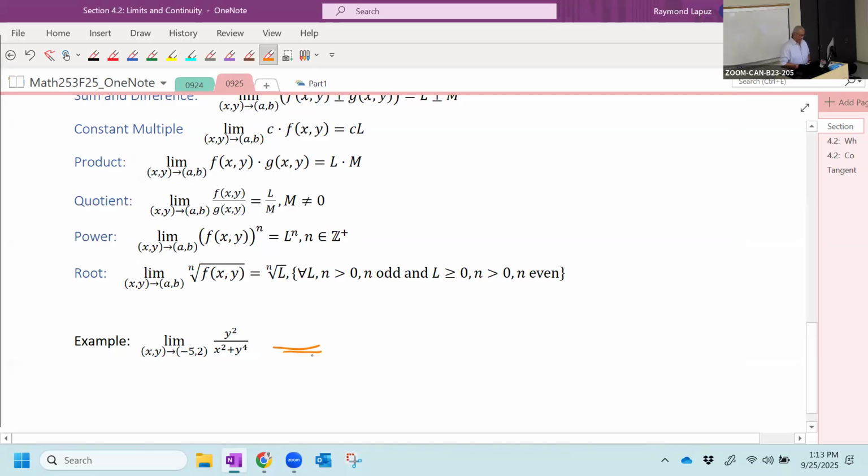As long as I'm not going to get 0 over 0 or anything weird like that, it's all fair game to just put in the values of x and y. So as x is minus 5 and y is positive 2, then this is all there is to doing limits.